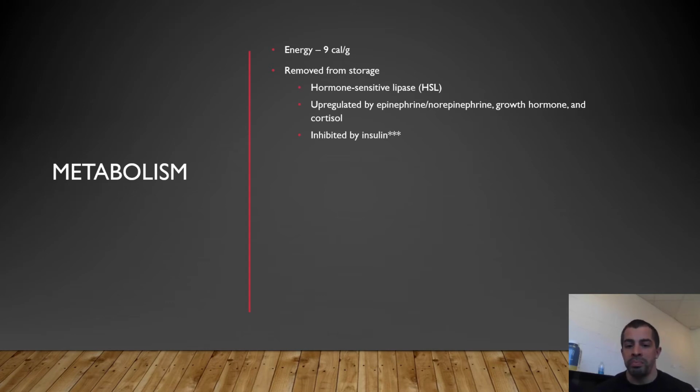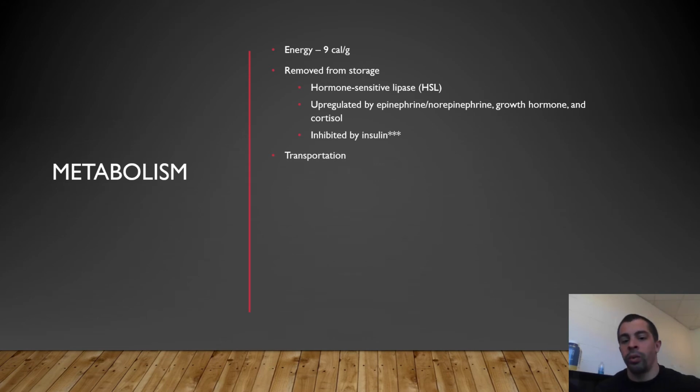Essentially, as we eat a meal, especially a high-carb meal, our insulin spikes. So in that post-meal window, the first 1, 2, 3 hours post-meal, we're not really going to mobilize or be able to break down fat for energy, okay?